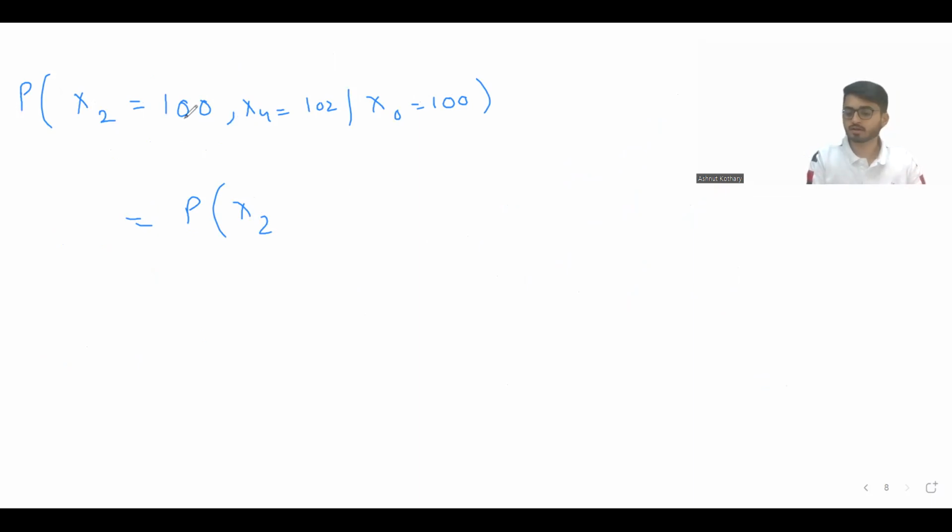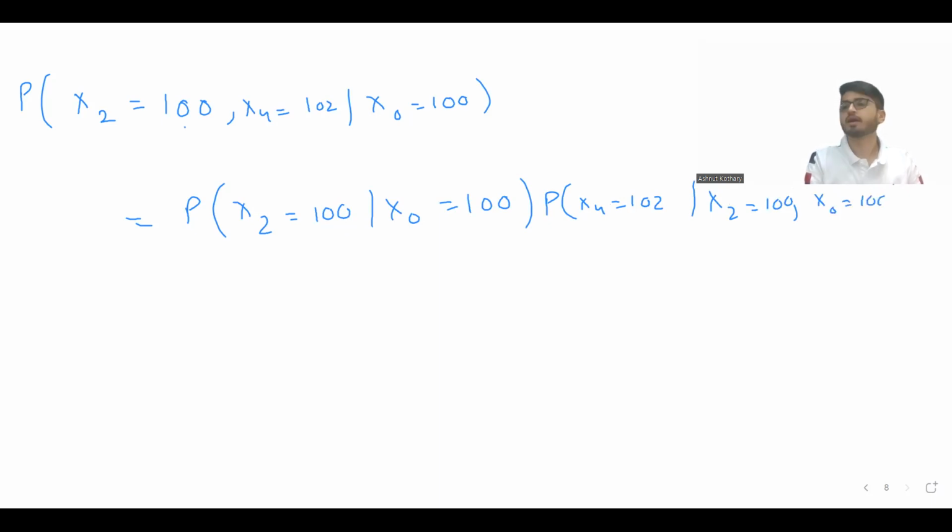This comma here is working in the form of "and". Generally you can relate comma as "or", but here it's working in the form of "and". X2 should be 100 and X4 should be 102. So probability X2 equal to 100 given X0 is 100, and then we want X4 to be 102 given that X2 is 100 and X0 is 100, right?